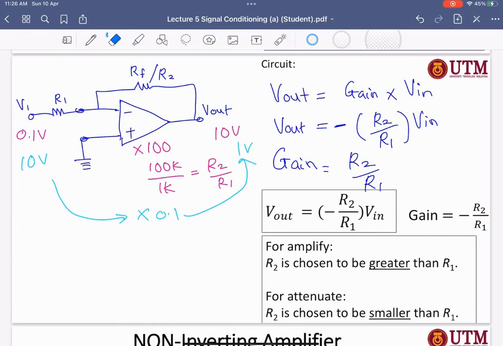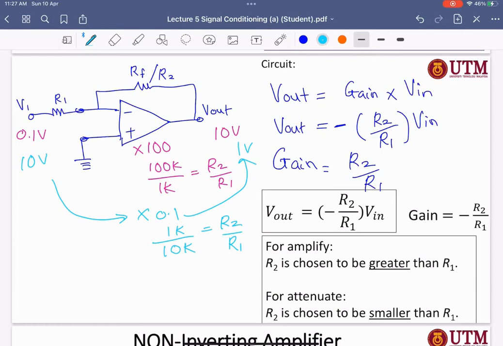So 0.1 means 1 divided by 10, right? So that means maybe you can have 1K and also 10K for the values of R2 and R1.